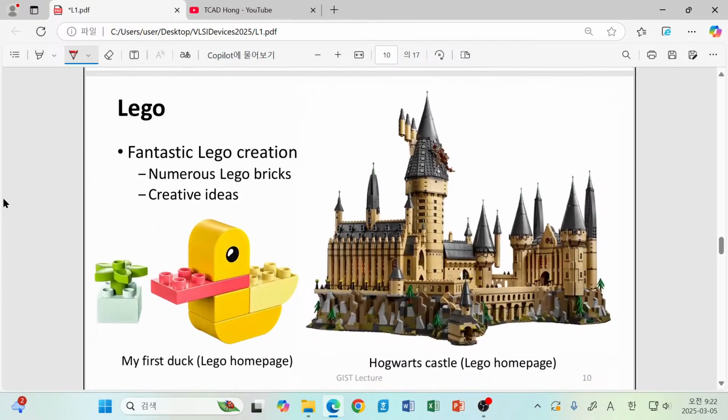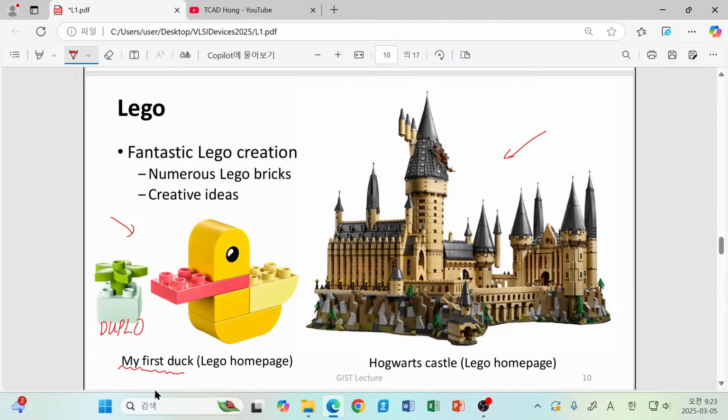So think about this one. Here you can see two different Lego creations. Here we have a very beautiful one, and wow, maybe it cost quite a lot. And here you can see this one has its own name, My First Dog. And this is not exactly Lego, but this is from Duplo for infants.